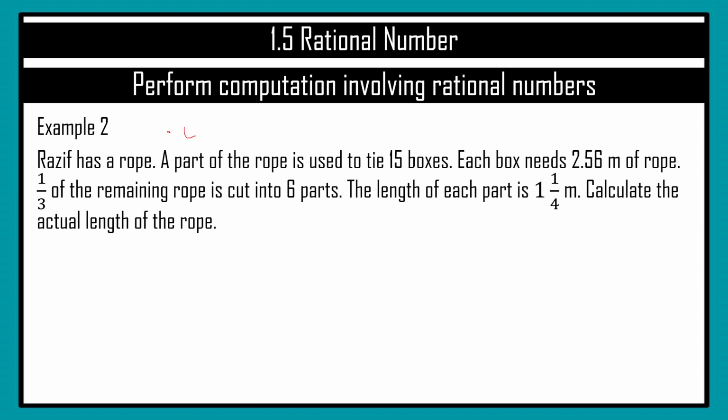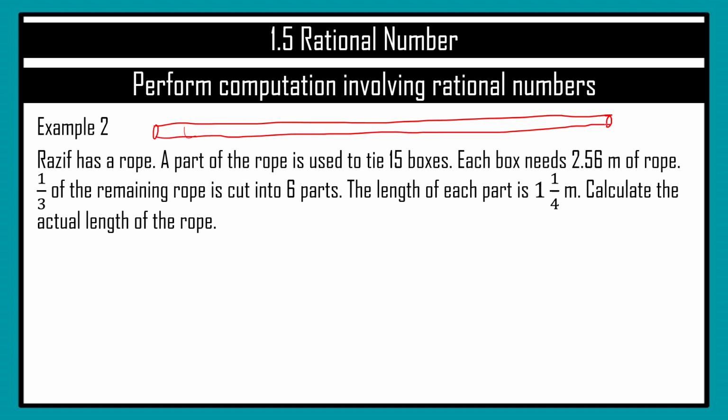Number 1, we know that Razif has a rope. Excuse my drawing. Let's assume this is a rope. Now it says that a part of the rope is used to tie 15 boxes. So I'm going to assume somewhere here I'm going to split it into the A part and the B part.